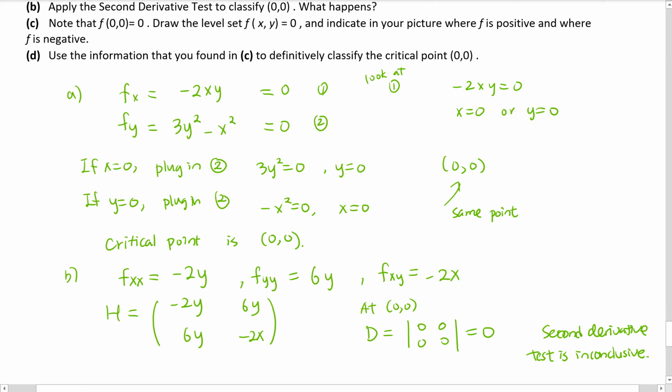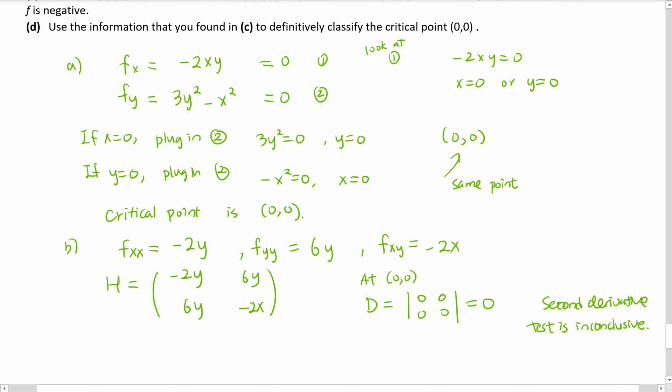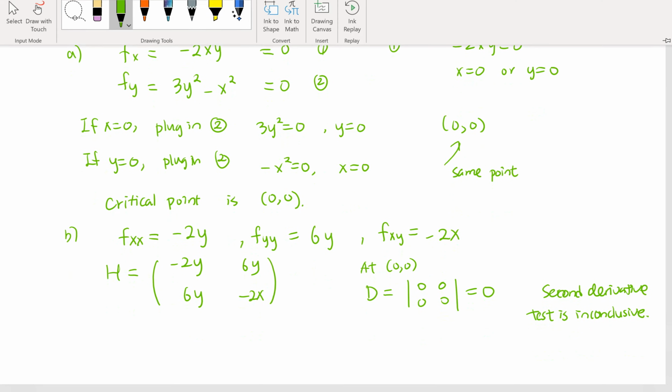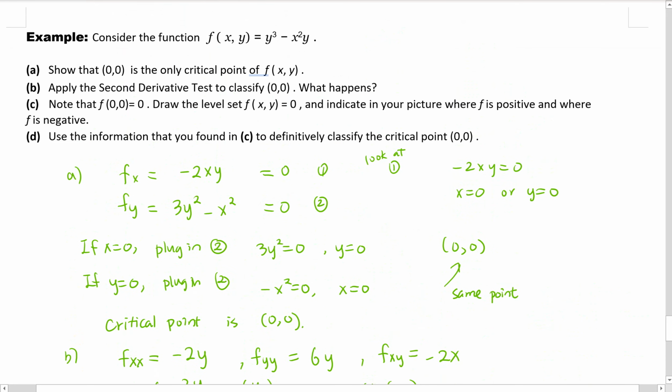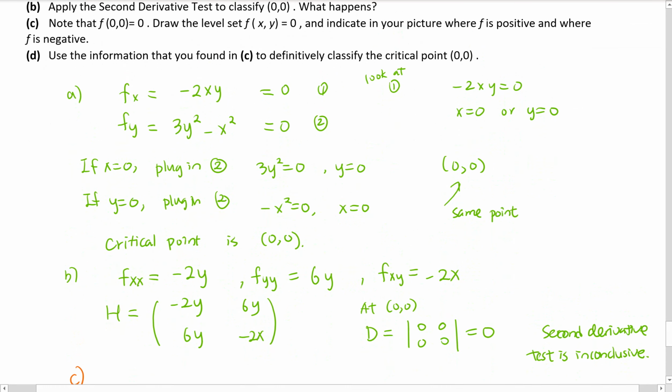Now, part C. Notice that f(0, 0) is 0. Why is that? Let's change to a different color. So what is f? This guy, y cubed minus x squared y. When we plug in (0, 0): 0 cubed minus 0 squared times 0, yes, 0. So f(0, 0) is 0.